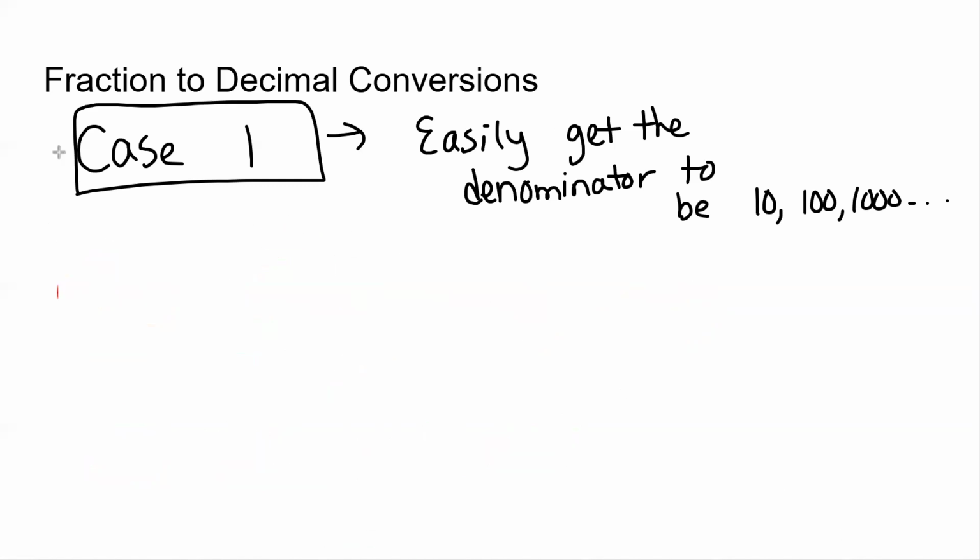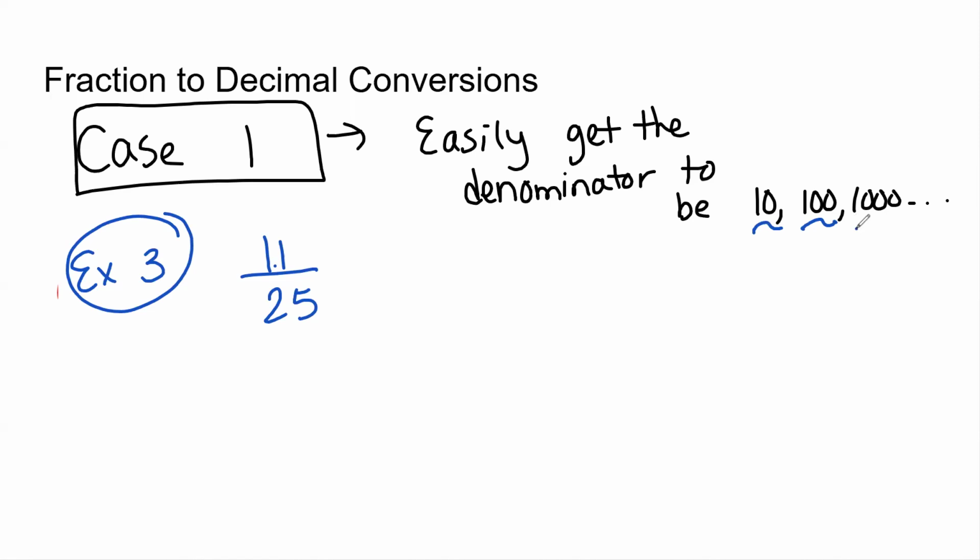Let me do a couple more of this one. Let's do 11 over 25. So that one's not pretty. And by pretty, I mean it needs a 10, 100, or 1,000, or something within that family as the denominator. But I think we can get this to 100.